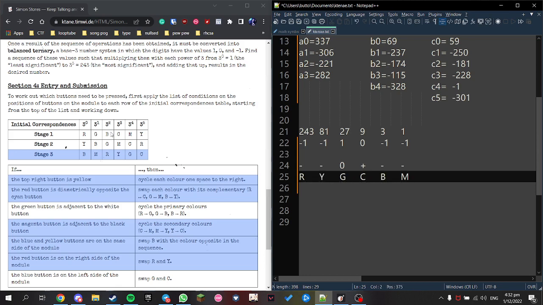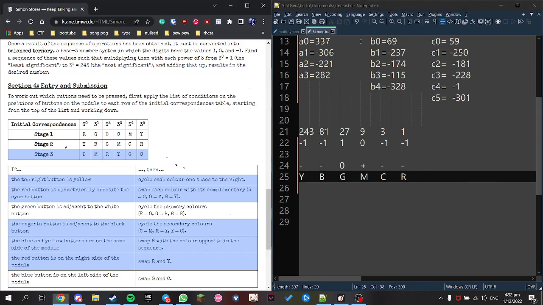And then C moves to M. M goes to Y. Y goes to C. I don't know why formatting just messed up there, but okay. Swap B with the color opposite in the sequence, so blue and cyan swap, and then red and yellow swap.